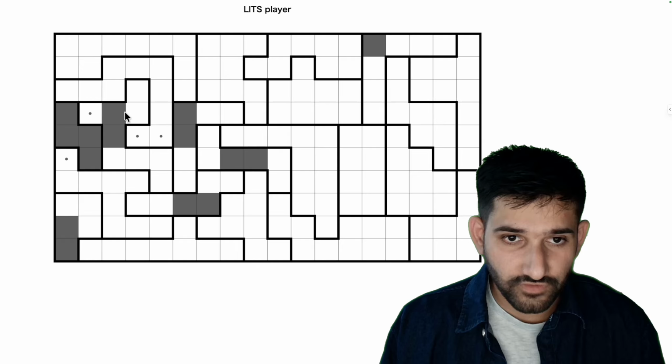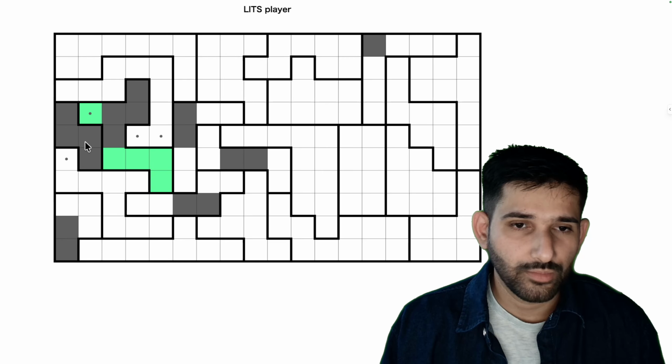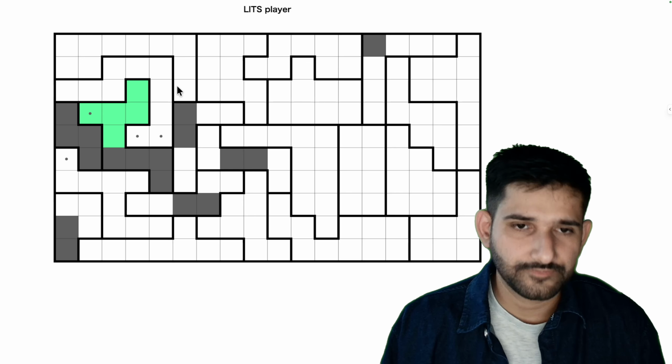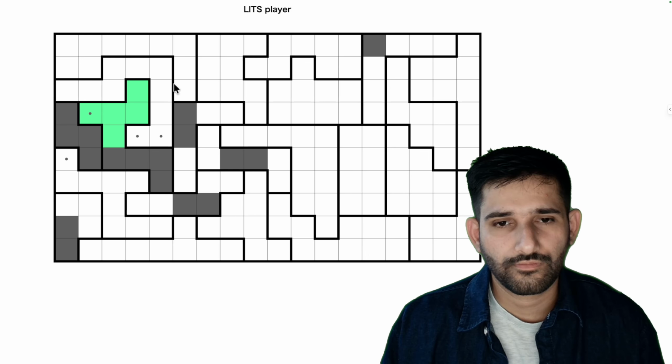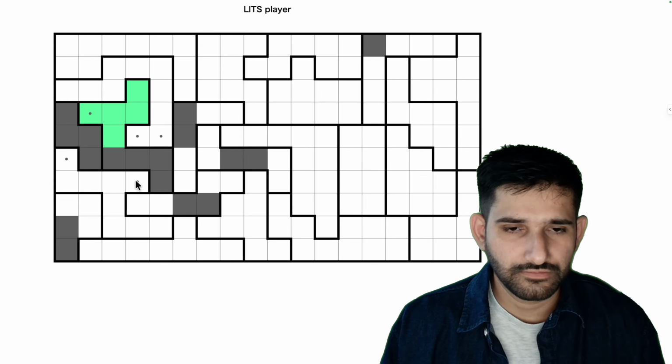But it cannot form this tetromino because then this and this are touching each other and they both have the same Z shape. So the tetromino here is like this. Okay, that makes sense. Now, this cell has to be unshaded because of the 2 cross 2 rule.